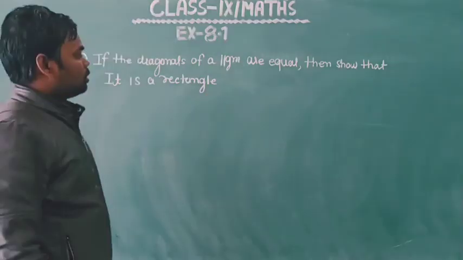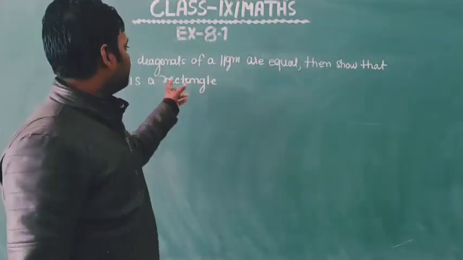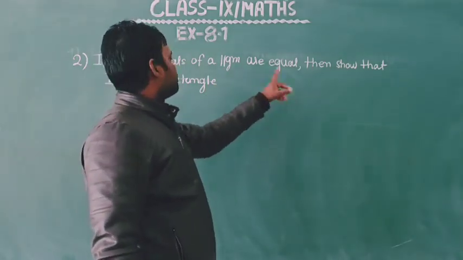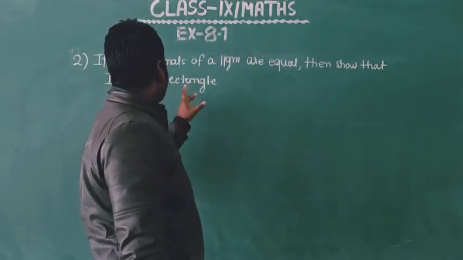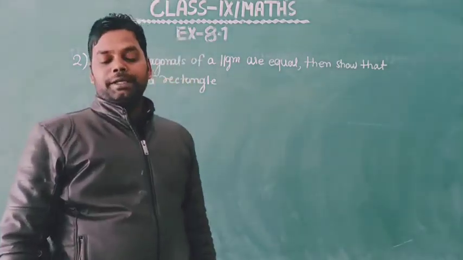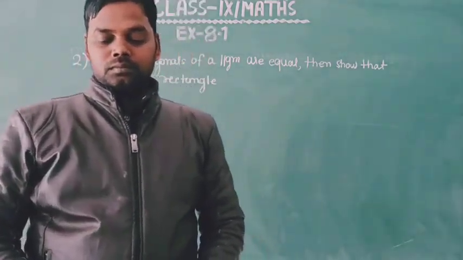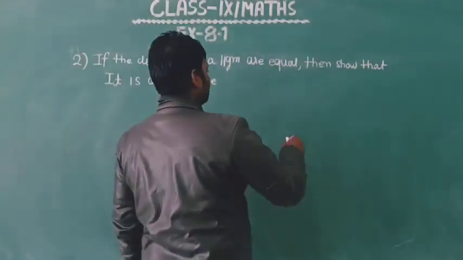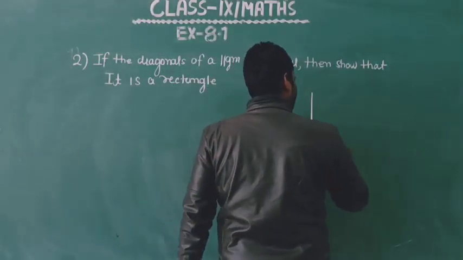Okay, so the diagonals of the parallelogram are equal, then it is a rectangle. First draw its figure.